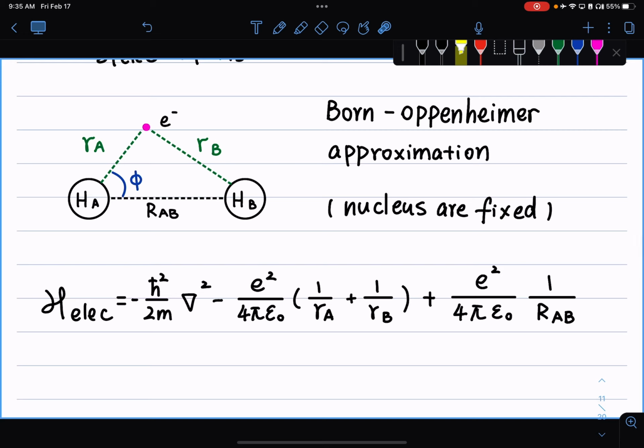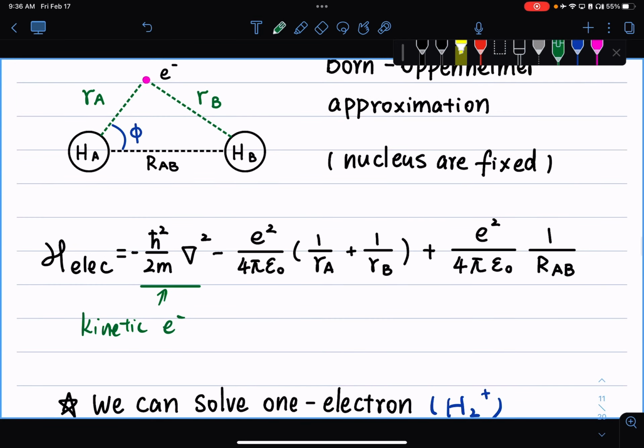So using the Born-Oppenheimer approximation, we know the nuclei are fixed. So the Hamiltonian of the electron can be further dissected into this term, first thing. That's my kinetic energy of the electron. All right, this is a differential equation. That's just a Laplacian. That's roughly equal to the second derivative we use for the one-dimensional system.